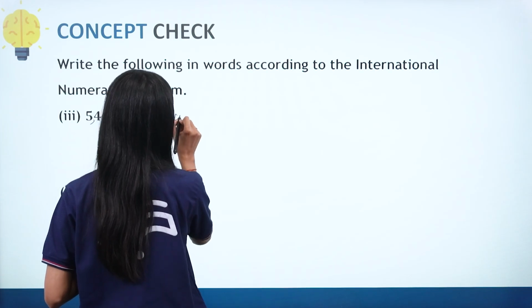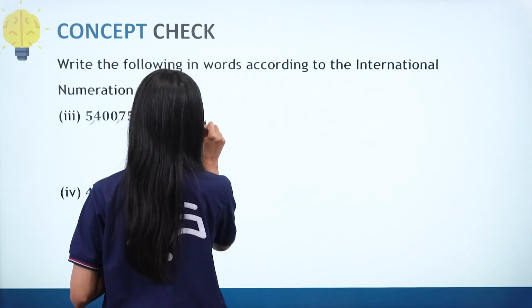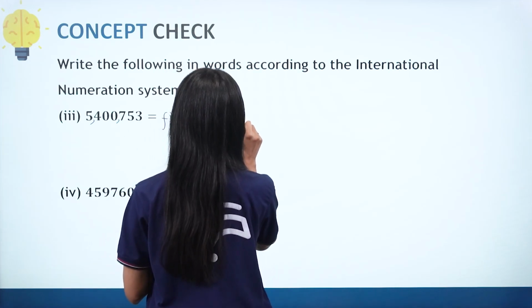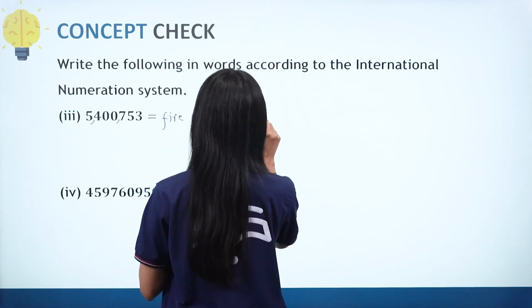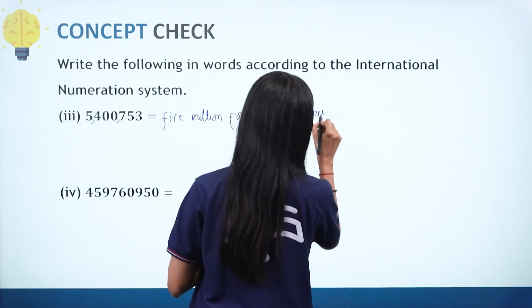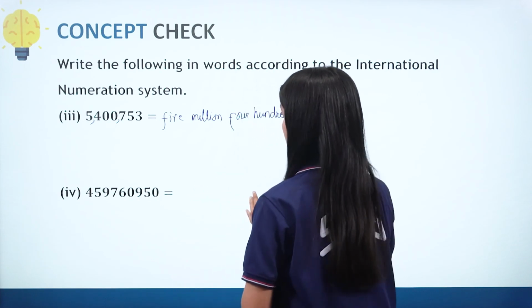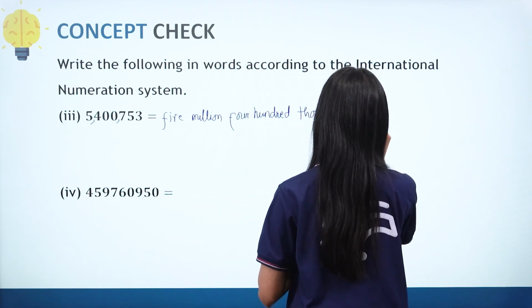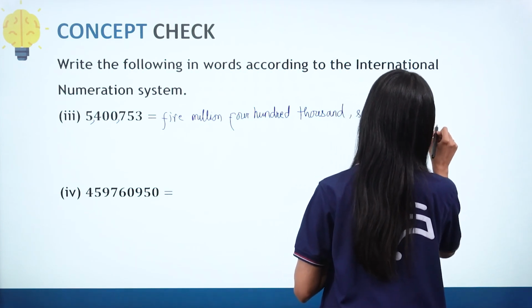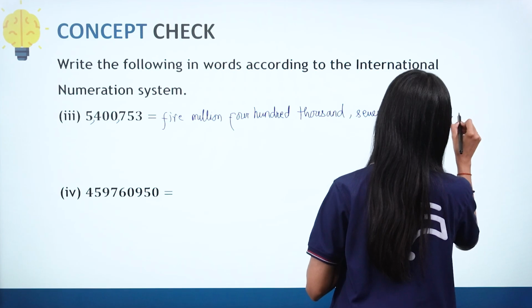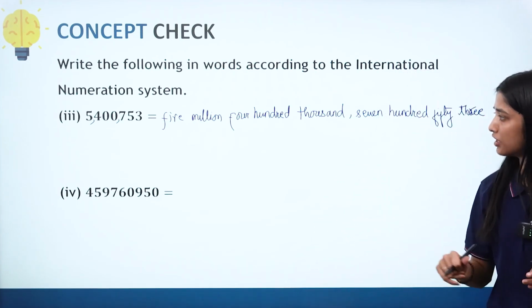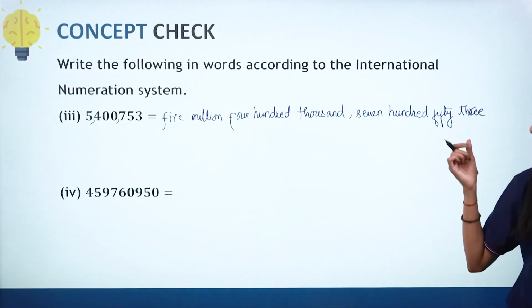The number will be 5 million, then 400,000 and 753. So this is the number 5,400,753.